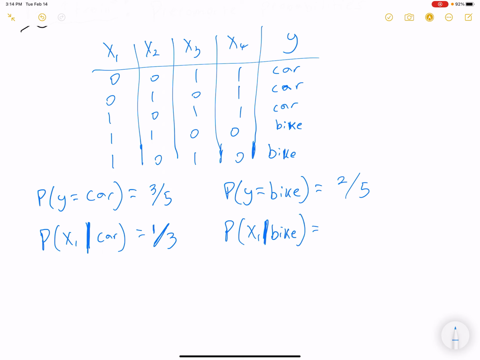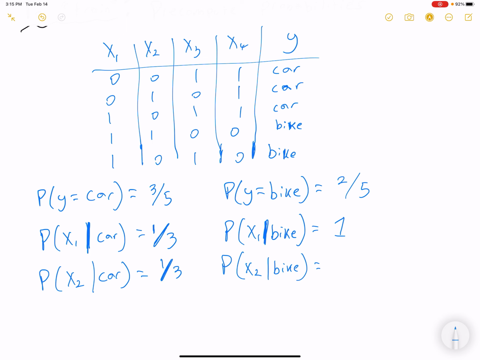1. Okay. We'll just do a couple more. Probability of x2 given car and probability of x2 given bike. So let's start with x2 given car. 1 over 3, good.